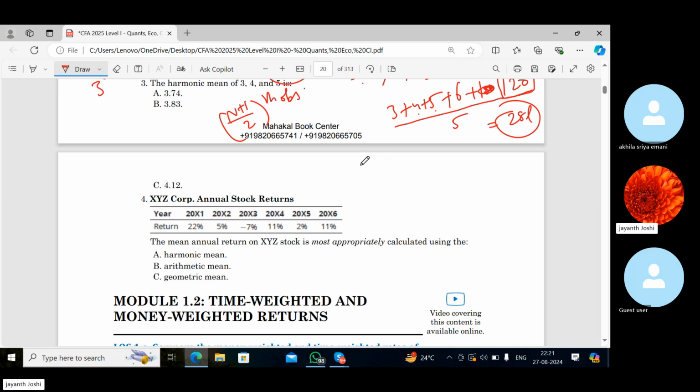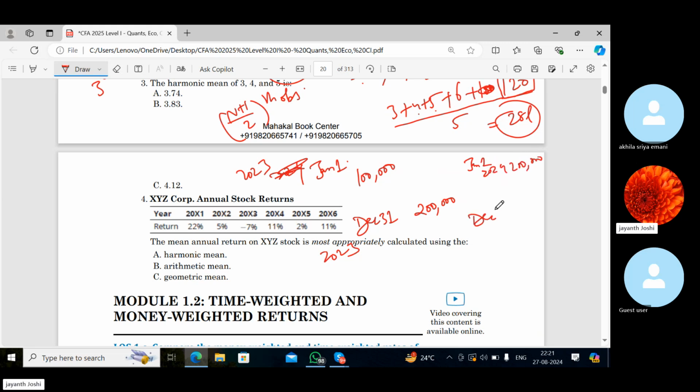See, I'll tell you. Let's say you invested 1 lakh on Jan 1st, 2023, and on December 31st, the 1 lakh has become 2 lakhs. Coming to Jan 1st, 2024, you have 2 lakhs in your hands.